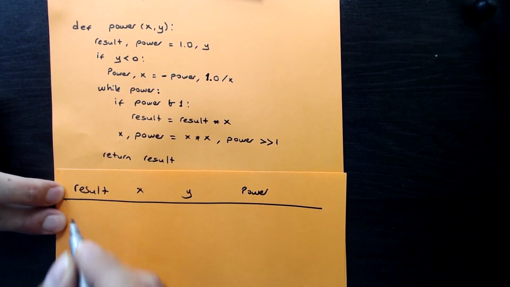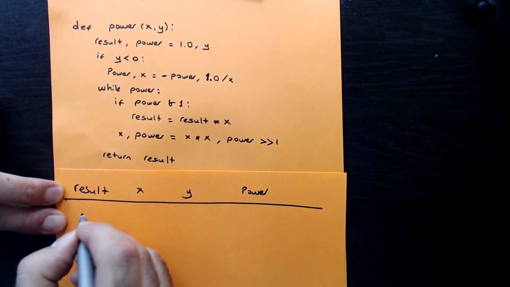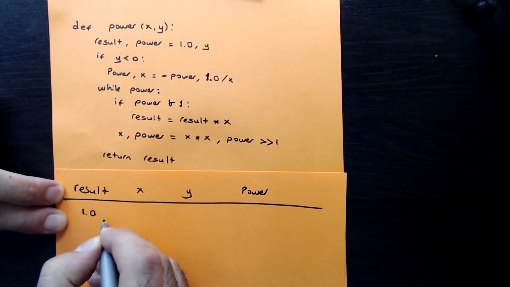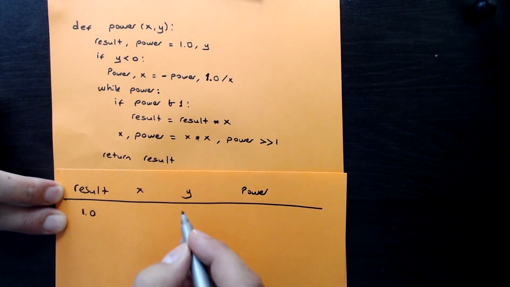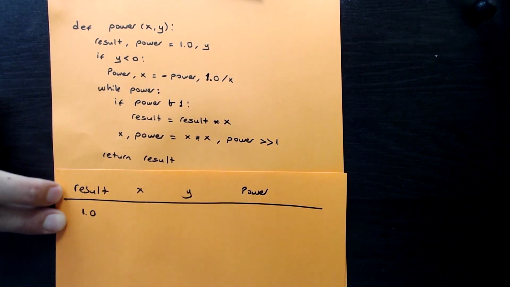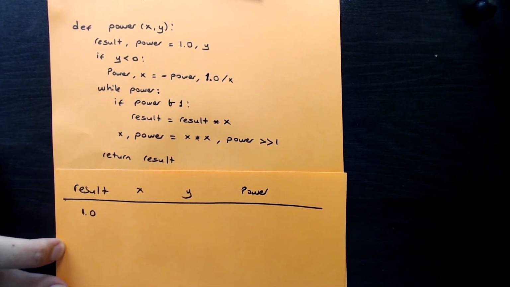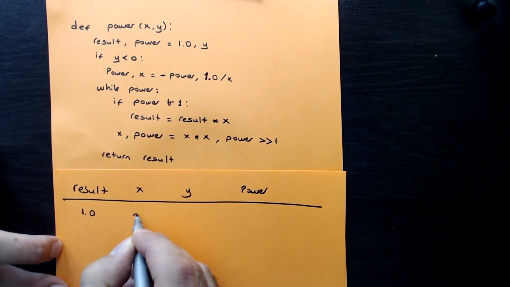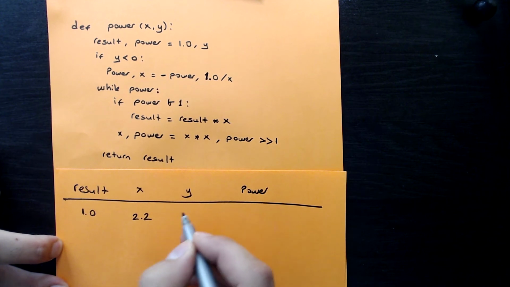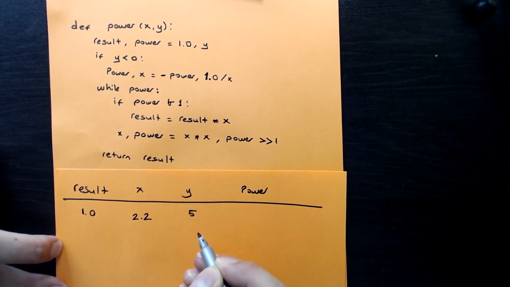So at the very beginning, we have result initialized to 1.0, and then we have power, which is y. Let's take an example where x is 2.2, and y is 5, okay?